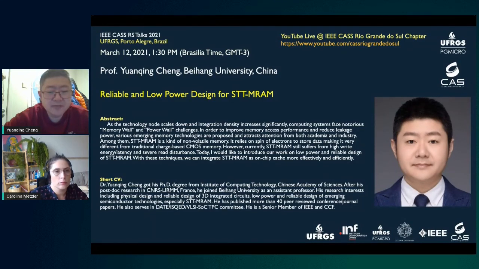So from the area perspective, the cell structure is largely determined by the NMOS transistor area. But it is expected that as STT-MRAM fabrication becomes mature, it is possible to achieve the full 4F squared area, like the area of DRAM.